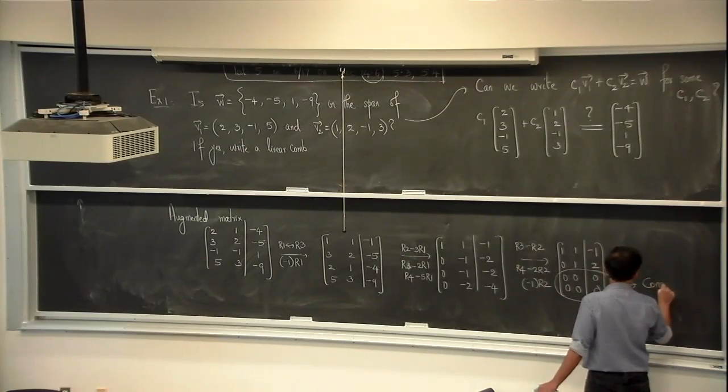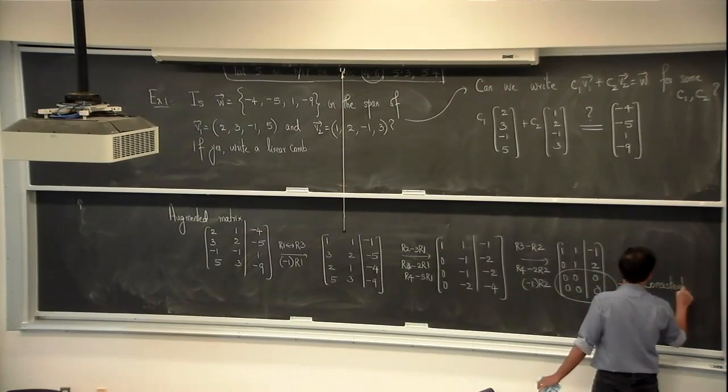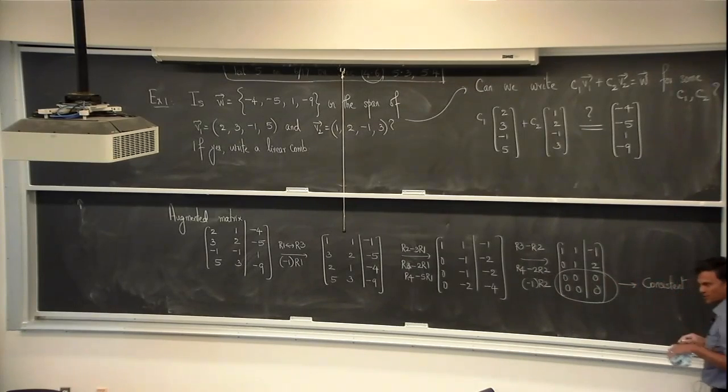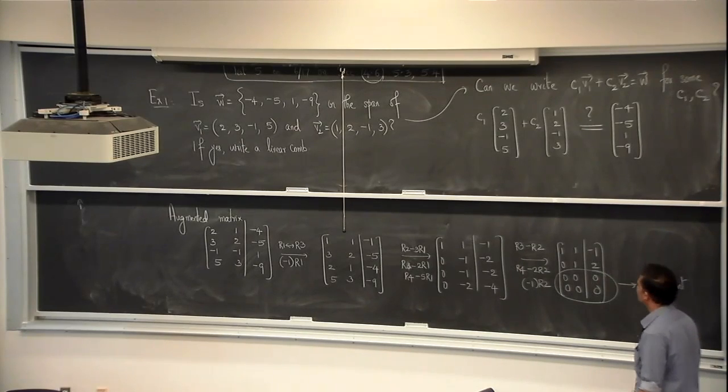Yes, it is consistent. 0 equal to 0 does not mean it's not consistent. It's consistent. So the last 2 equations are just obsolete because there's nothing useful going on.